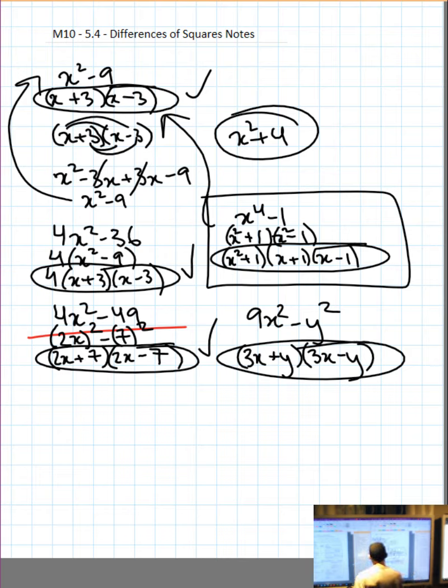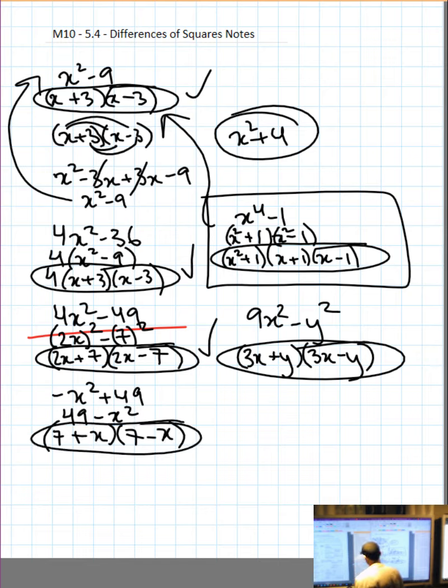So let's see a funny one. Negative x squared plus 49. Well, you can rearrange the order of the terms. Then you have 2 things being squared. 7 squared is 49, plus 7 minus x, and leave it that way. Or look in the notes off to the right, like FOIL it out to check your answer. So let's take it from the second line.